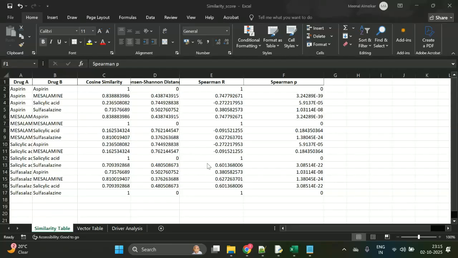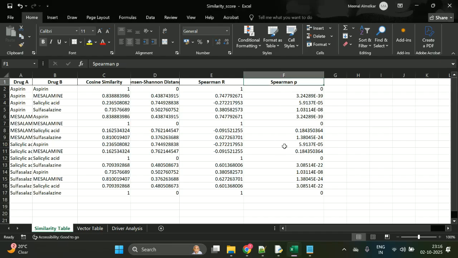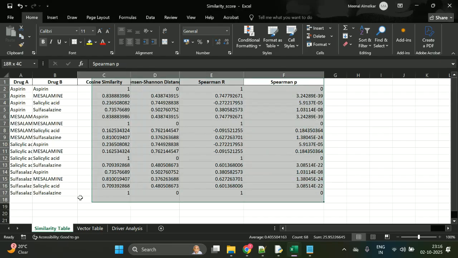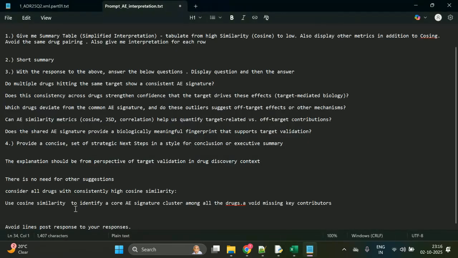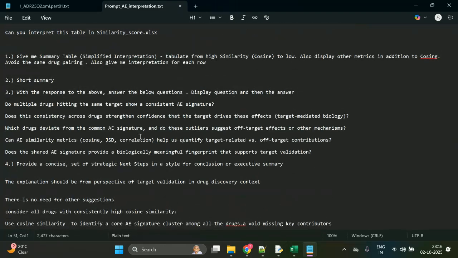Now that we have extracted adverse events data and performed similarity analysis across our 4 drugs, we move to the final and most insightful step, biological interpretation. At this stage, our goal is to translate similarity metrics into actionable biological insights. Using tools like ChatGPT, we can systematically derive AE signature consistency and assess confidence in target-mediated biology.